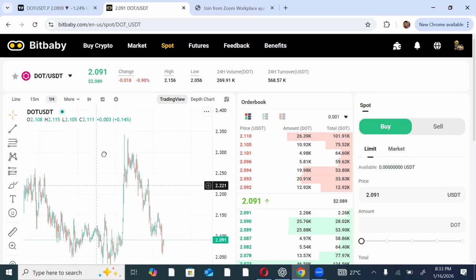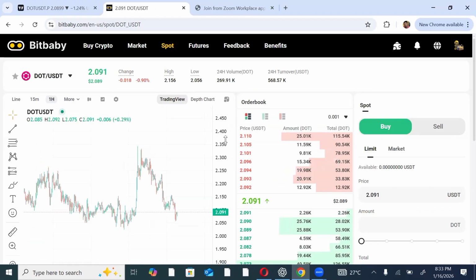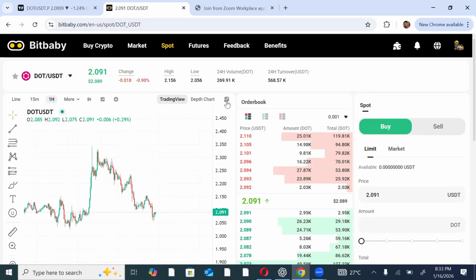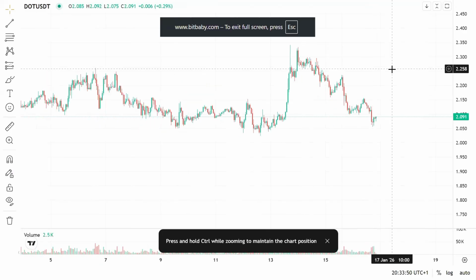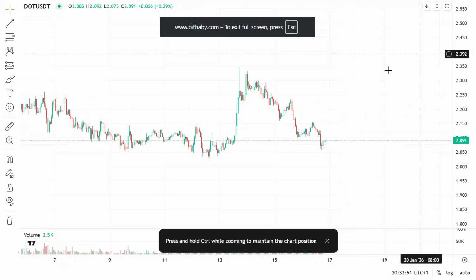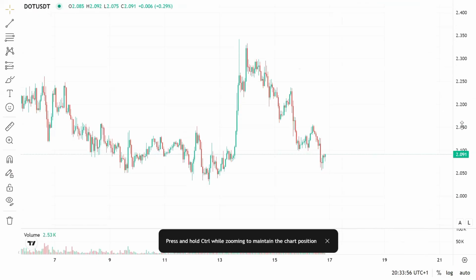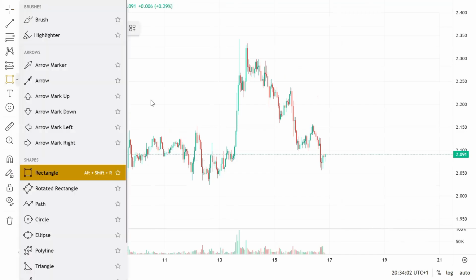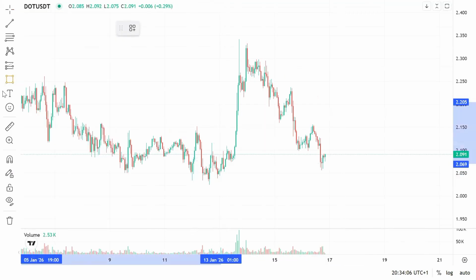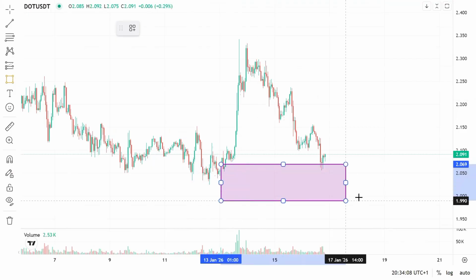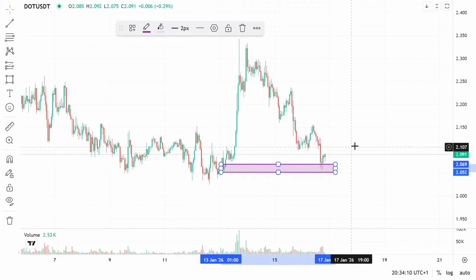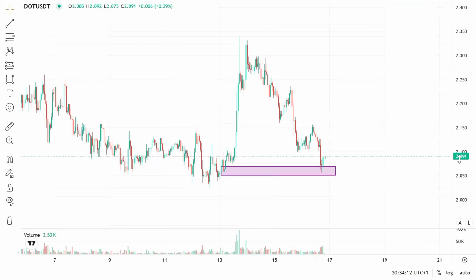So you see it yourself, right? Expand this. Now, a quick one here is that I will be taking this trade from here because I can already spot that there's another block somewhere around here. But that's not going to be my entry.